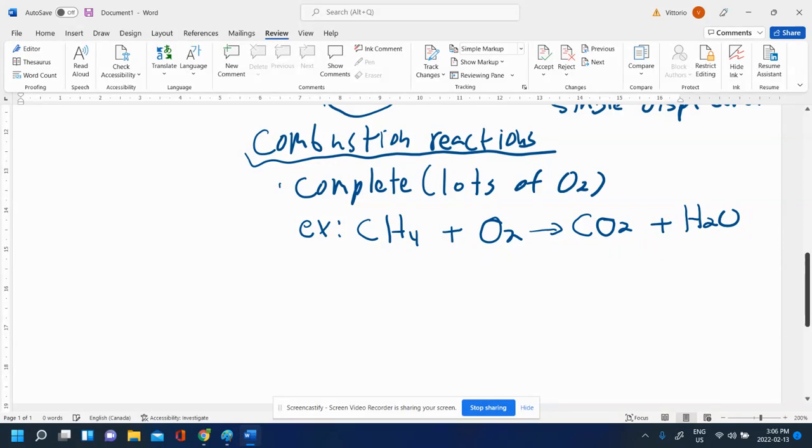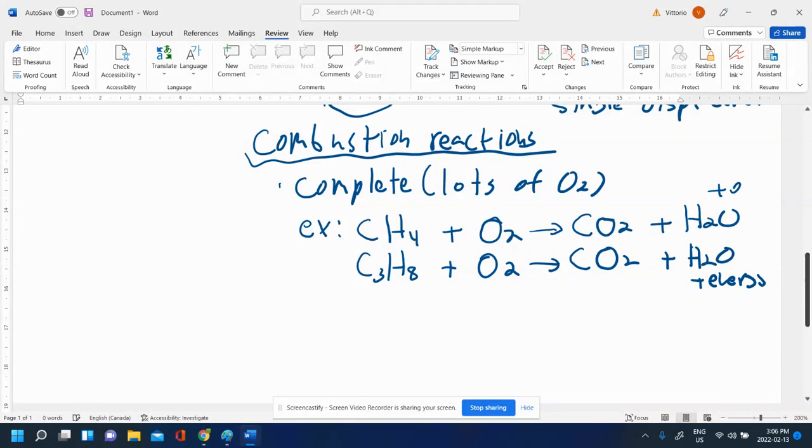It doesn't really matter what the formula is. So even if it was C3H8 plus O2 and I told you there's lots of oxygen, there's sufficient or abundance of oxygen, you just have CO2 plus H2O. And then we typically say plus energy because there's energy released here as well. But you might not always see that written out. CO2 plus H2O for complete combustion.